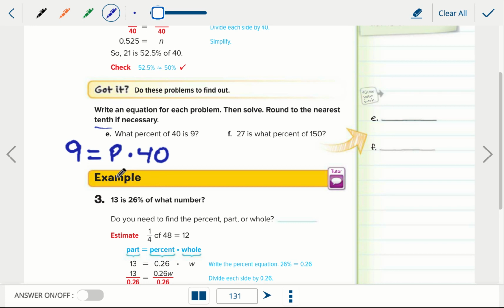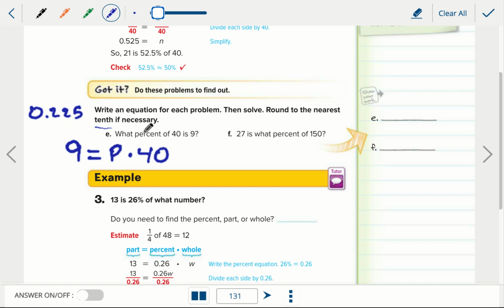Well, what do we get here? When I go to solve this, percents are a little bit different, because I'm going to do 9 divided by 40, right? 9 divided by 40 gets me 0.225.